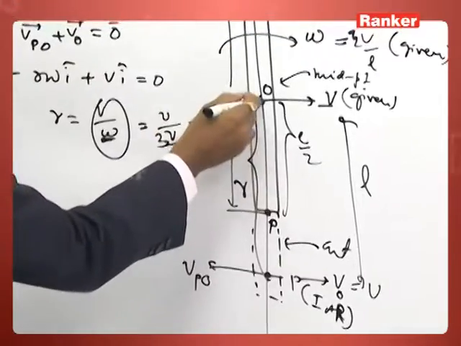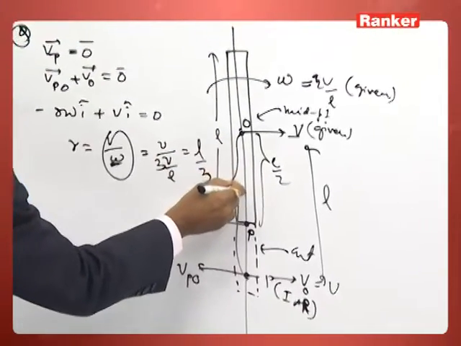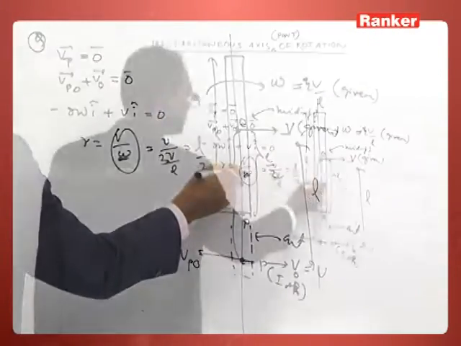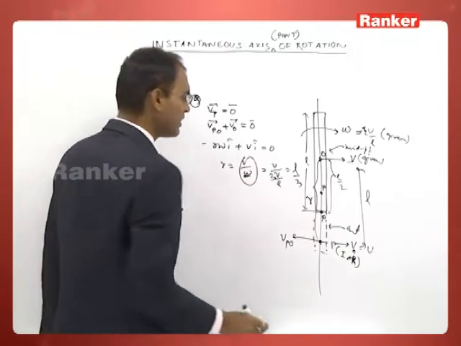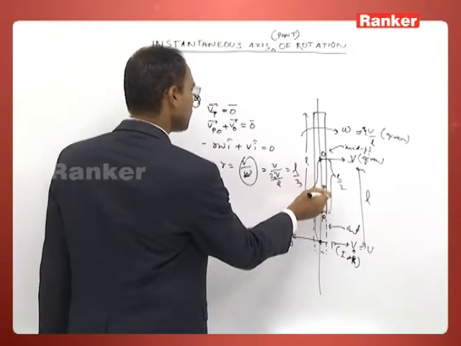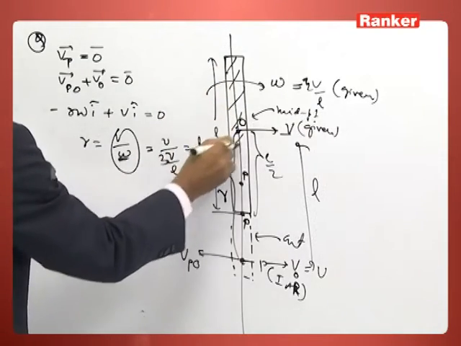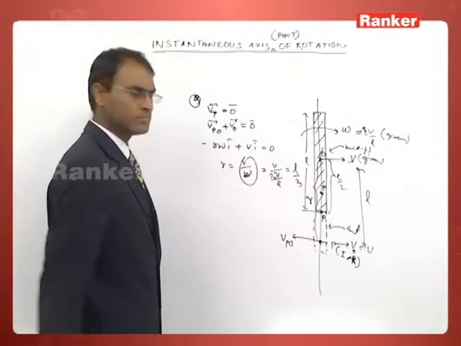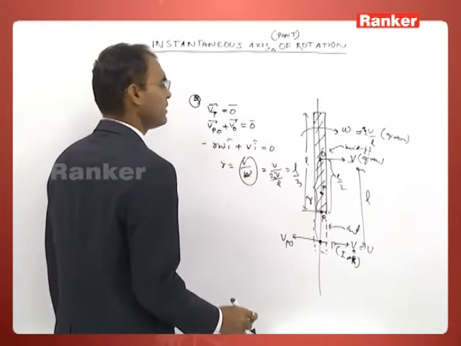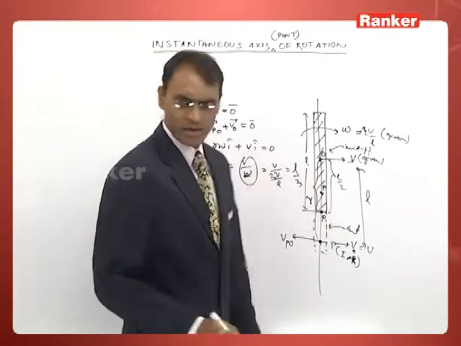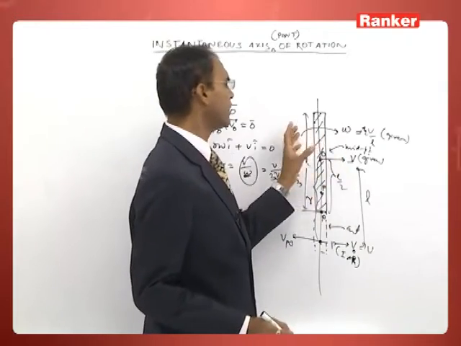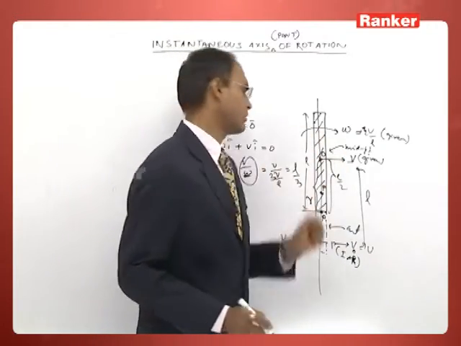When you take L by 3 from this point, it will be somewhere here. So, the instant point of rotation will be shifted so that it will lie inside the given rod. So, it depends upon the given point's velocity, and also the angular velocity of the rod.